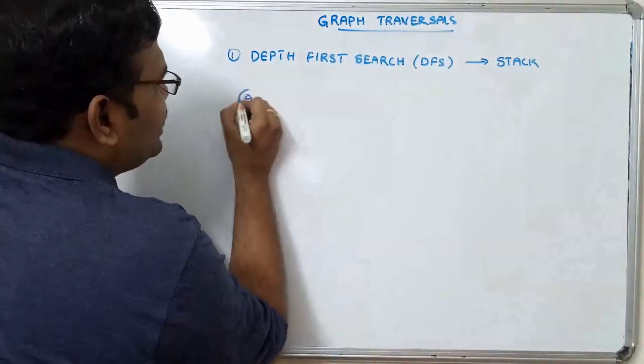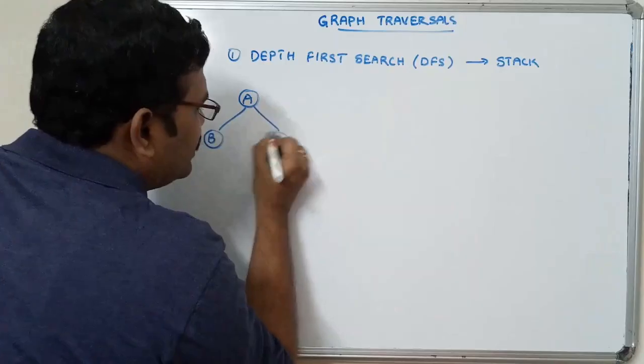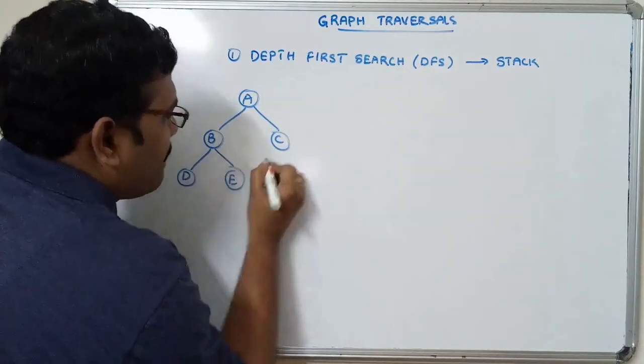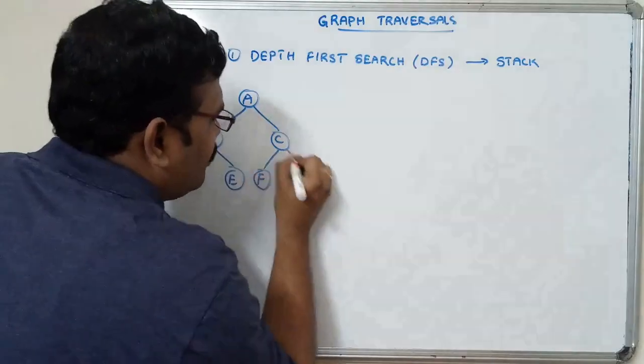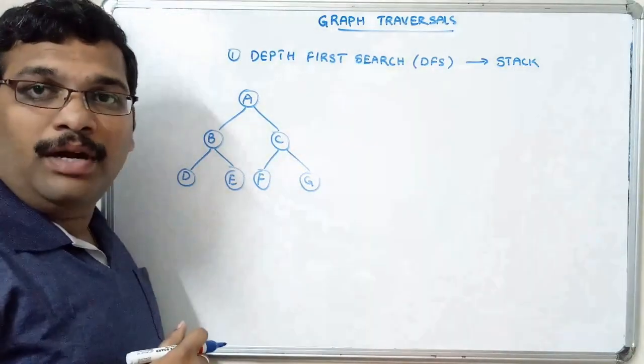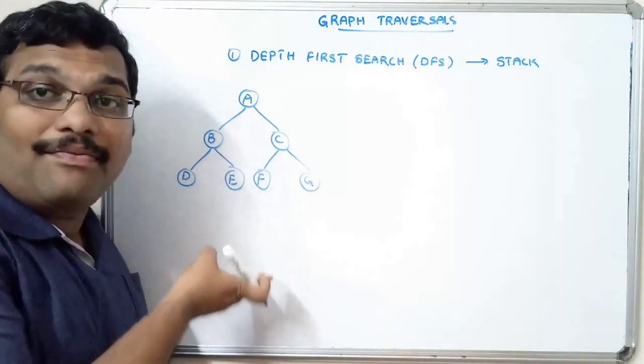Let us take an example here. A, B, C, and so on. This is a graph.